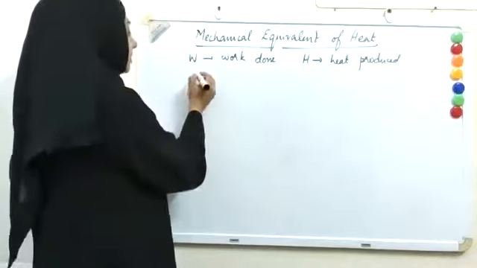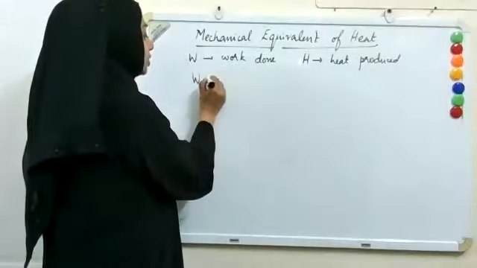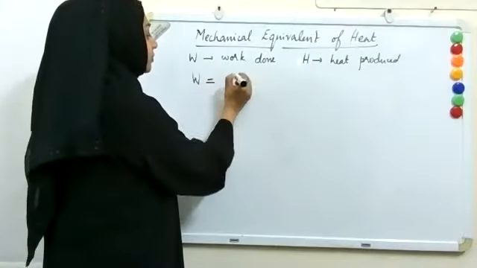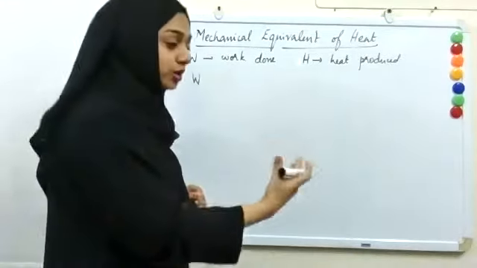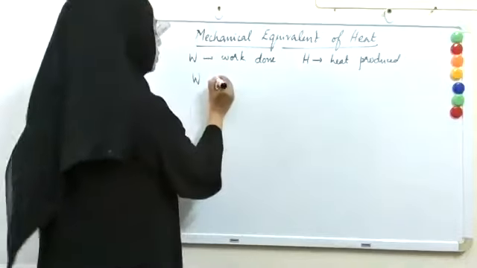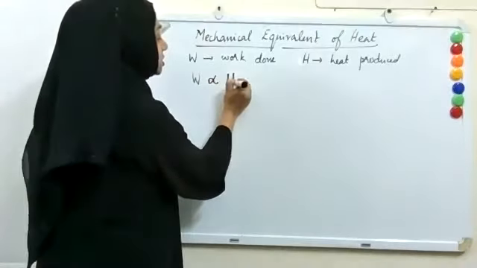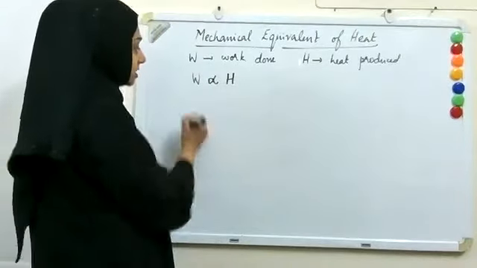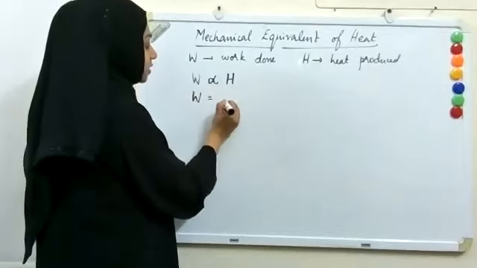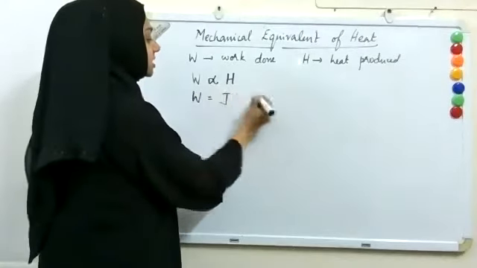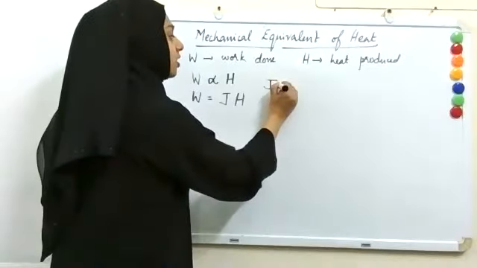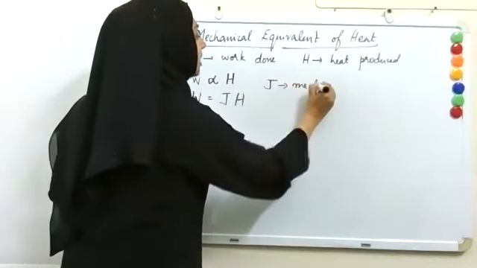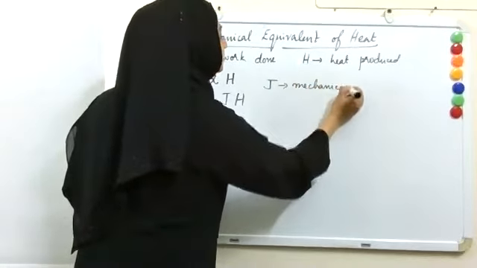So let me tell, work done, W is equal to a constant, or I can tell that if we do more work, more heat is produced. So work done is directly proportional to the amount of heat, or work done is equal to a constant into heat, and this constant J is called the mechanical equivalent of heat.